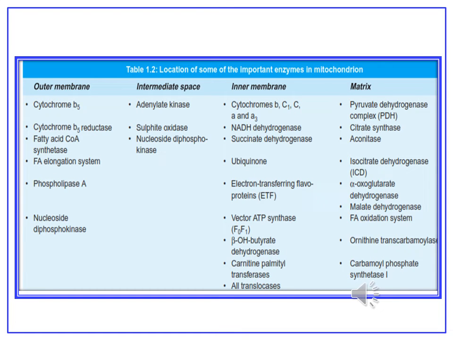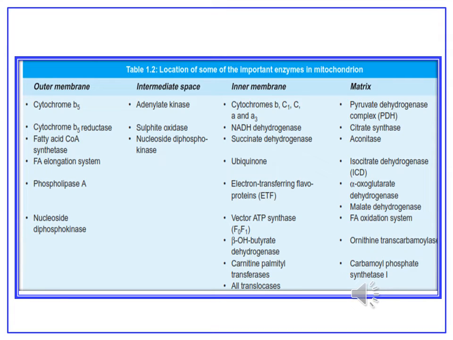The mitochondrion is made up of an outer membrane, intermembrane space, inner membrane and matrix. All these parts of mitochondria contain certain enzymes. The table shows the major enzymes present in the different parts of the mitochondria.